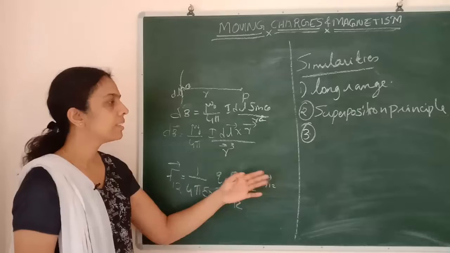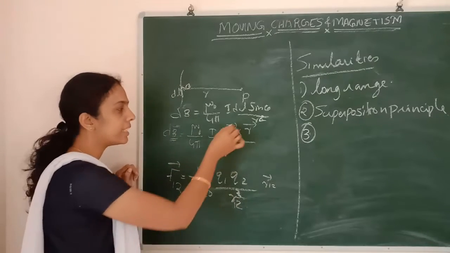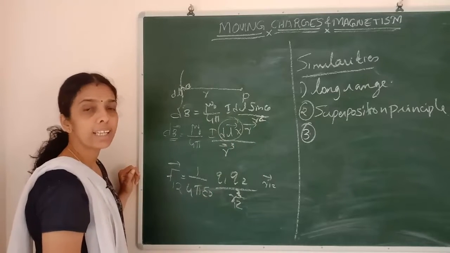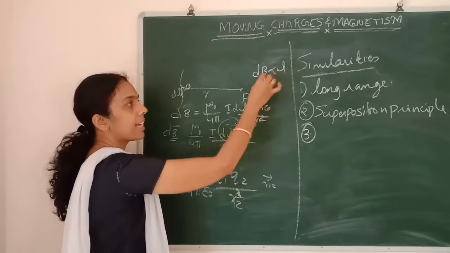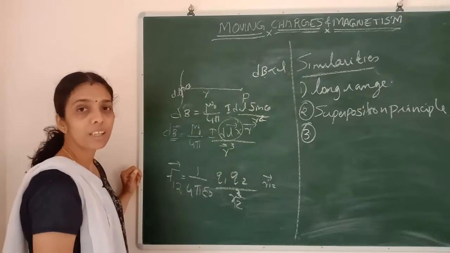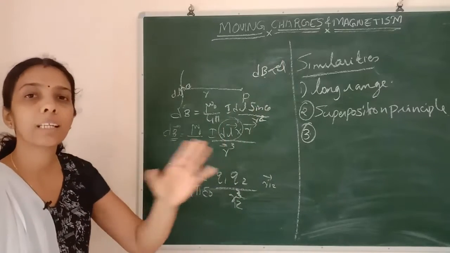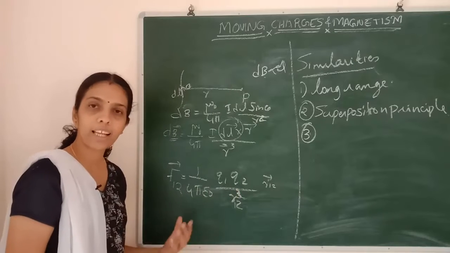The third one: what is the source of the magnetic field? dl is the source of the magnetic field, so it has a linear dependence, dB is proportional to dl. Here, what is the source of the electric field?